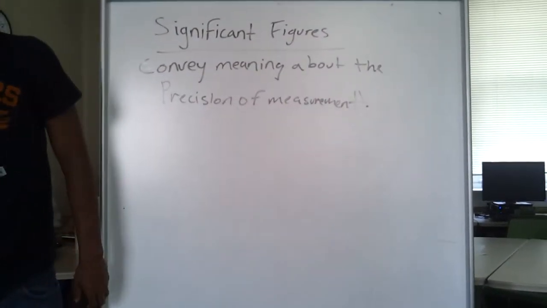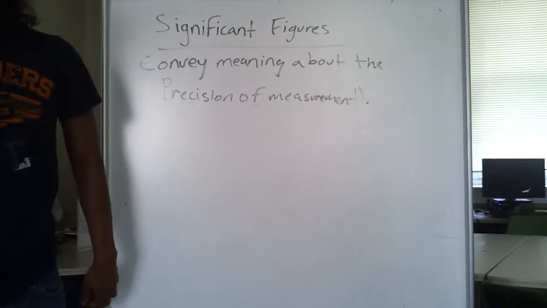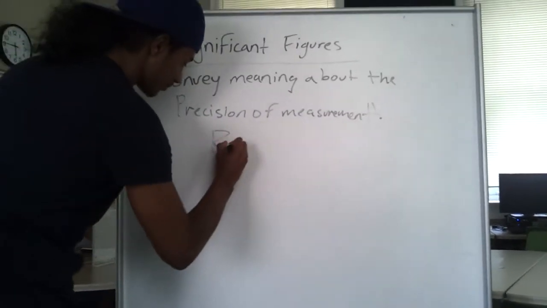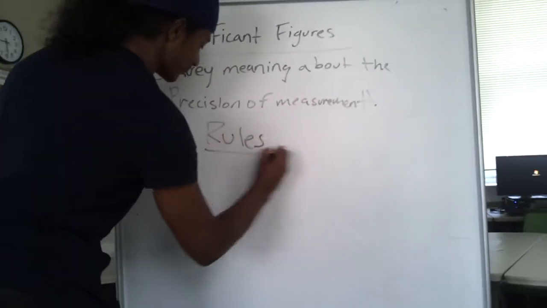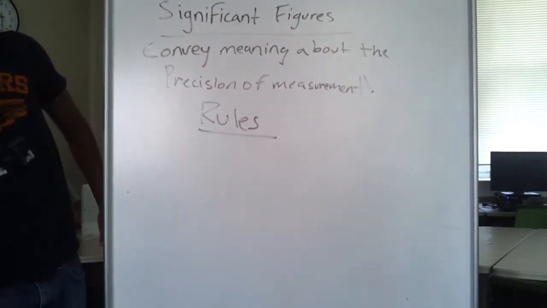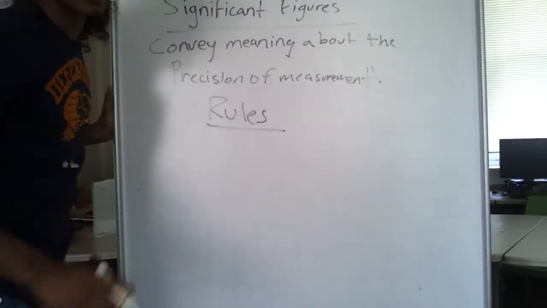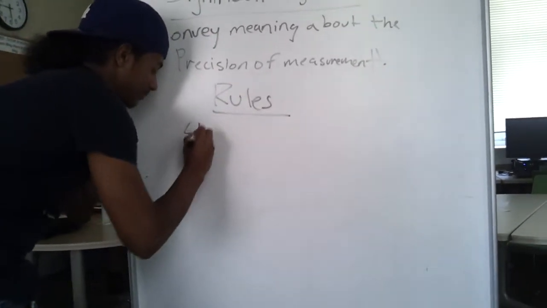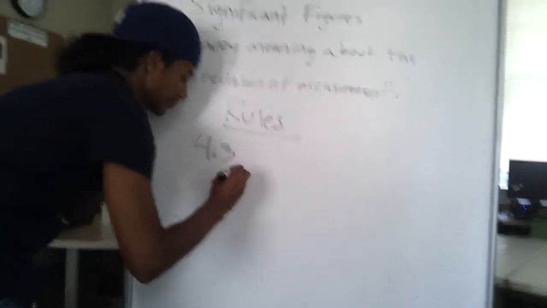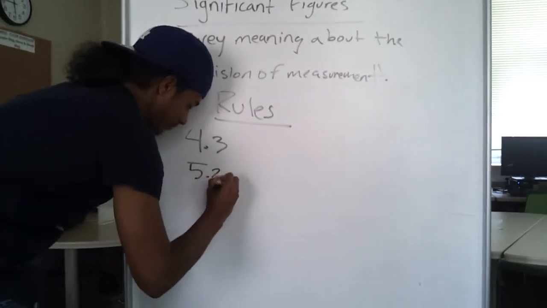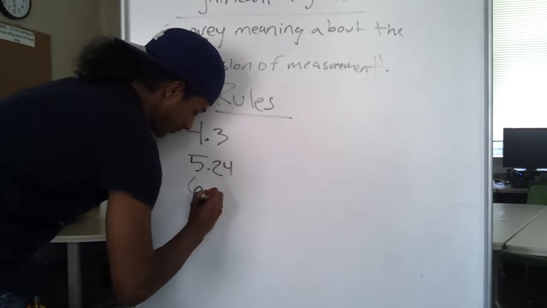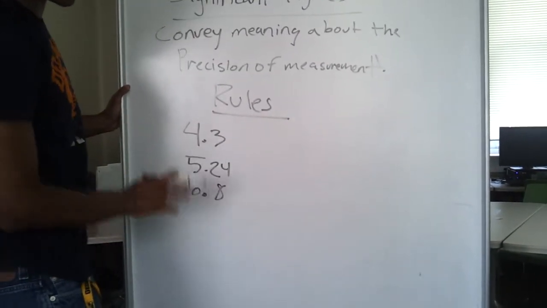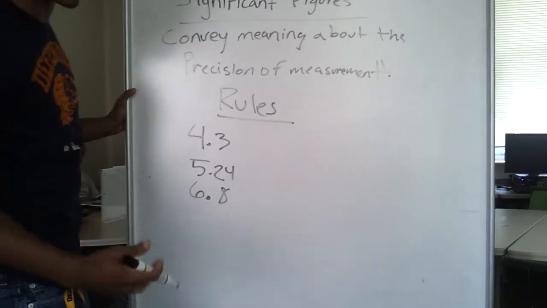Now, I'm going to give you an example of some rules with significant figures. First rule: all non-zero numbers are significant figures. Each number in here has a significant figure because they're all non-zeros.